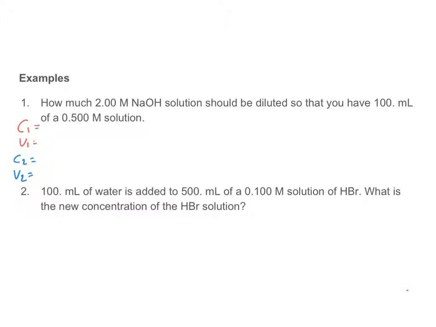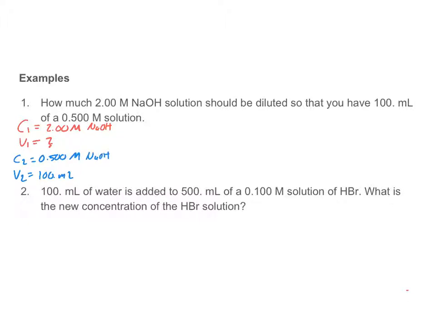The problem says how much 2 molar sodium hydroxide solution should be diluted, so that's going to be my original concentration. The volume is the question mark, to have 100 milliliters of a 0.500 molar sodium hydroxide solution.